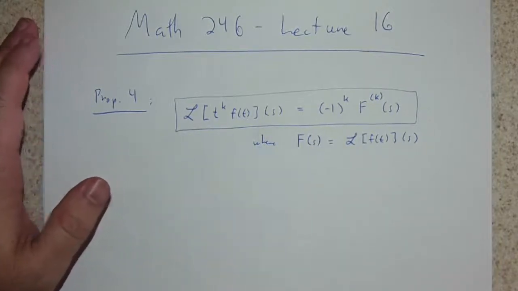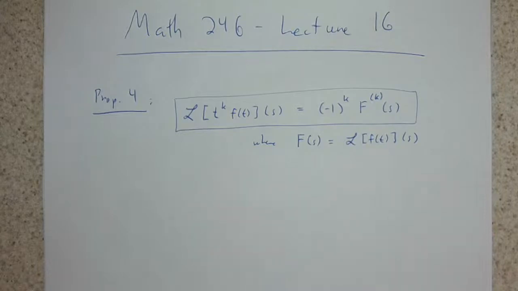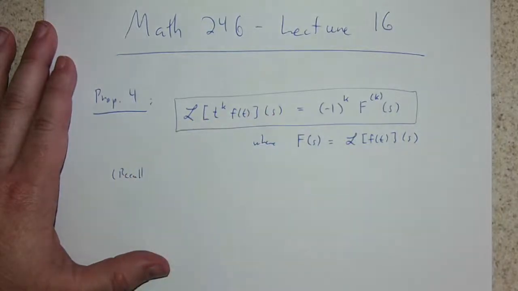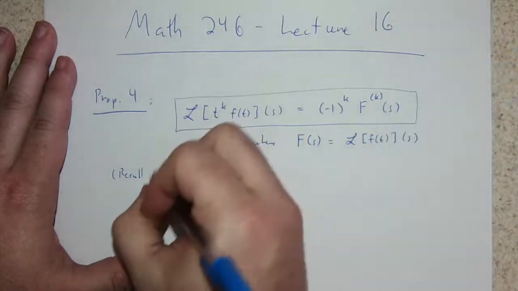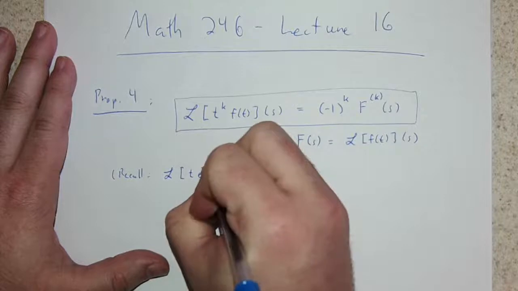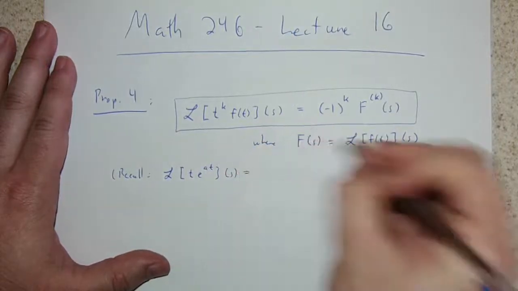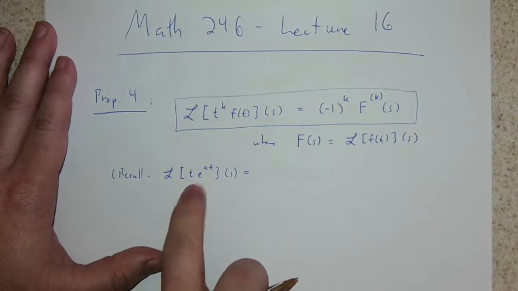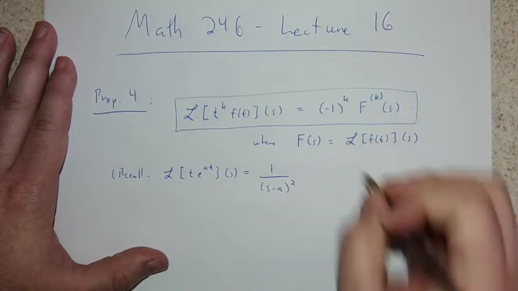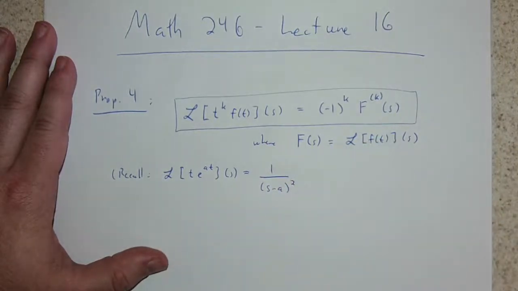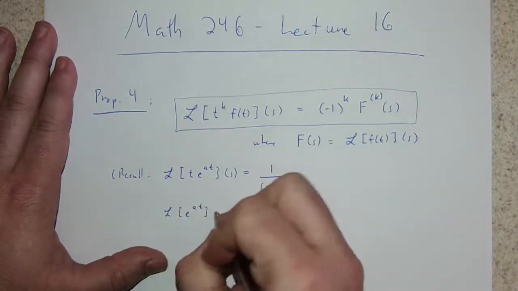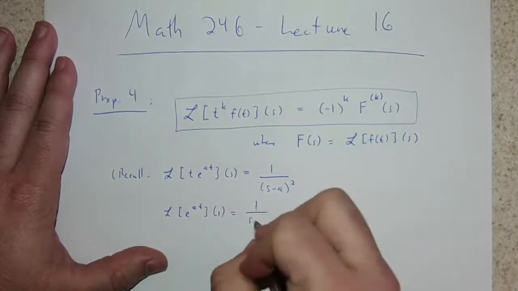So how does this work, and how have we seen this before? Recall that the Laplace transform of t e to the at was what? Remember, this was 1 over s minus a squared, right? And the Laplace transform of e to the at of s was 1 over s minus a.